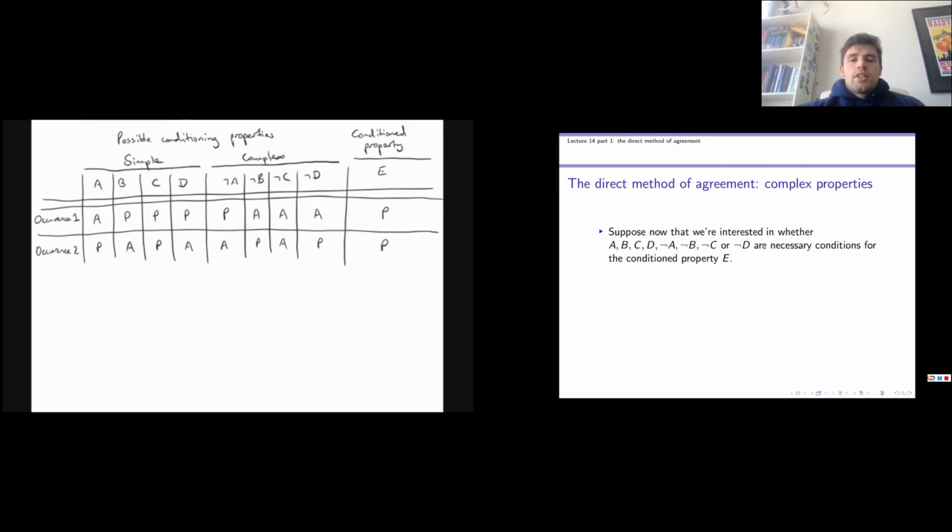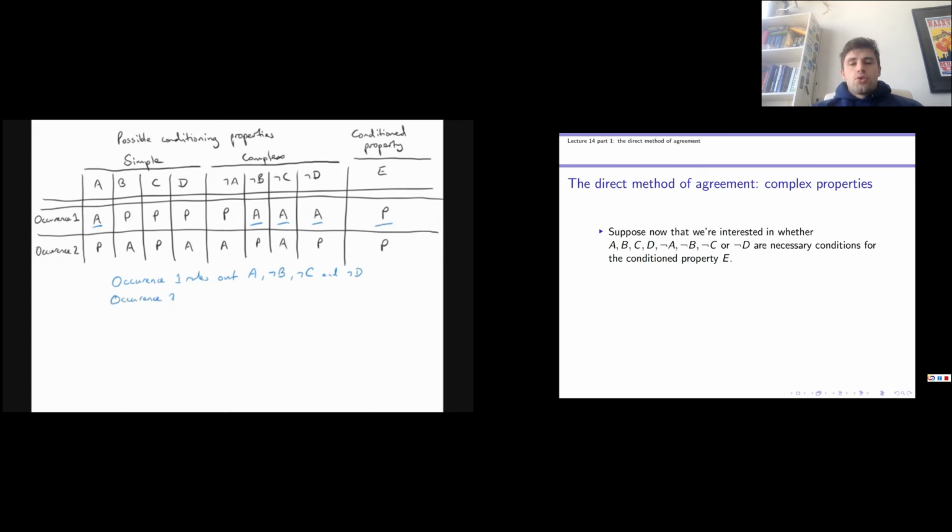Now we've filled in the table, we can use the direct method of agreement to eliminate some possible conditioning properties as necessary conditions for E. So, using exactly the same line of reasoning as before, we see that occurrence 1 rules out A, not B, not C, and not D as necessary conditions for E. Remember, a necessary condition for E cannot be absent when E is present.